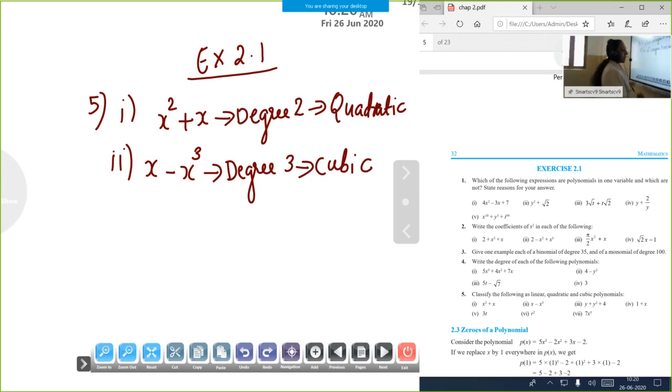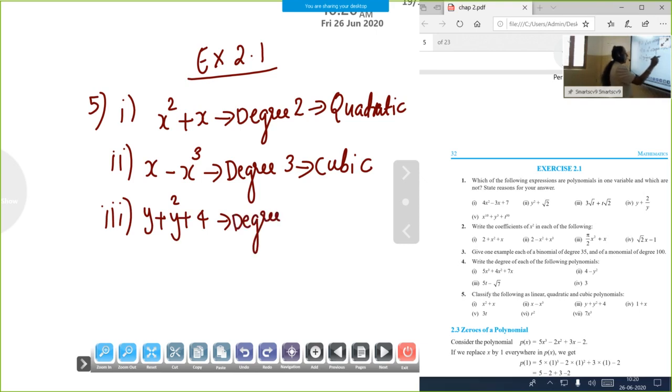Then third expression, y plus y square plus 4. So again, what is the degree here? Here the degree equals 2. The highest power is 2. Which type of polynomial? It's a quadratic polynomial.